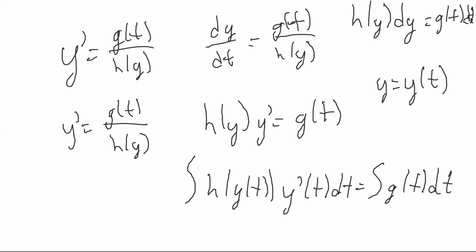But we have y prime of t dt. What is that? That truly is dy. If we're thinking of dy as a differential again, this left-hand side can be rewritten as the integral of h of y dy, where dy is that y prime of t dt.